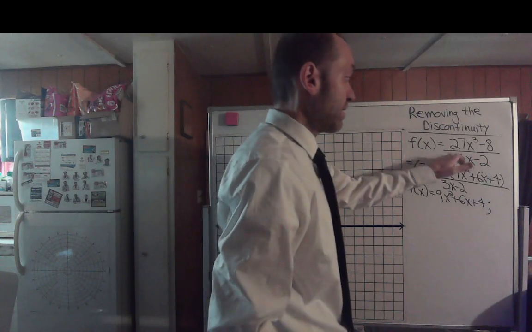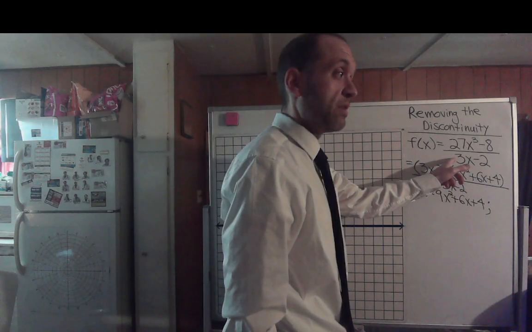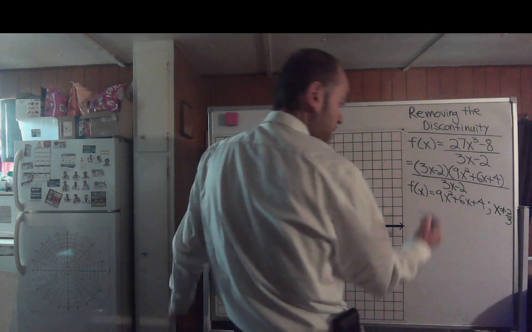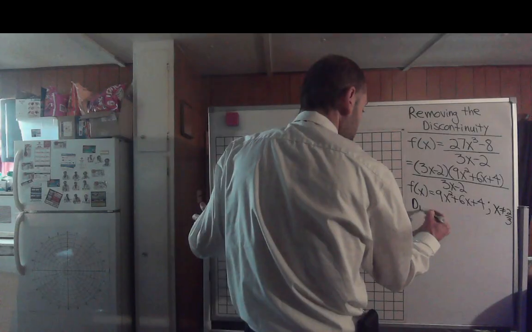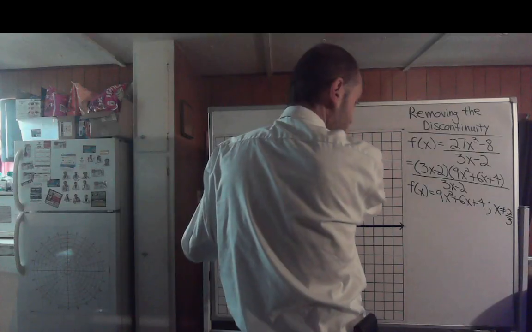Except we have to look at where the denominator of the original equals 0. If you set 3x minus 2 equal to 0, you would get that x equals 2/3. So it's not defined when x is equal to 2/3. So where is the discontinuity? Let's put 2/3 into this brand new function.